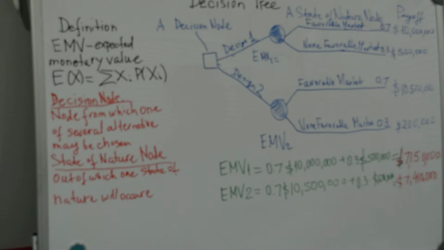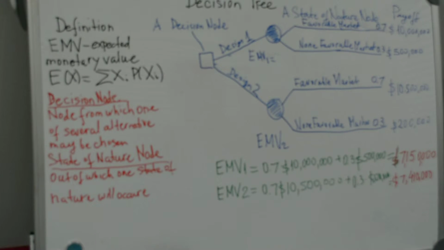Okay, and then how we calculate expected monetary values. It's the same thing as in chapter 2, the examples calculating the expected value of certain distribution.